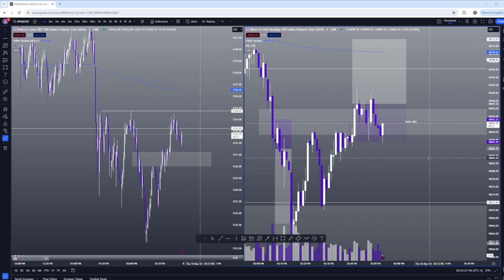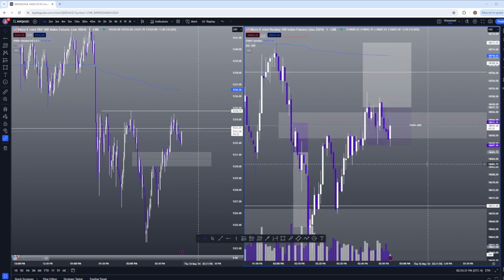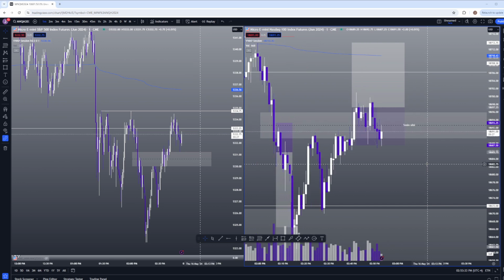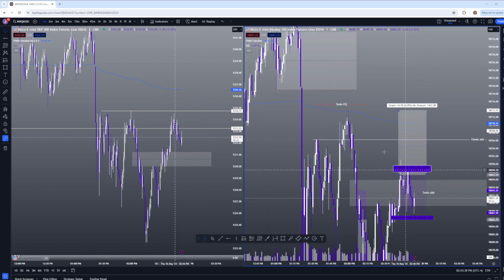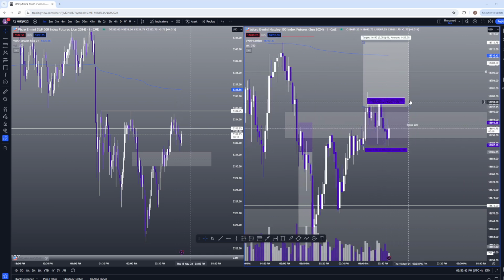Too much ranging for me. Looks like every time we want to come up and grab some buy side liquidity, we make that attempt and then we come right back down.